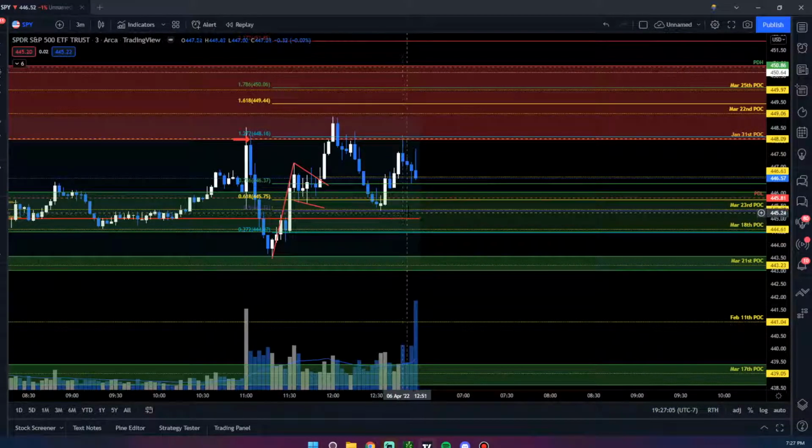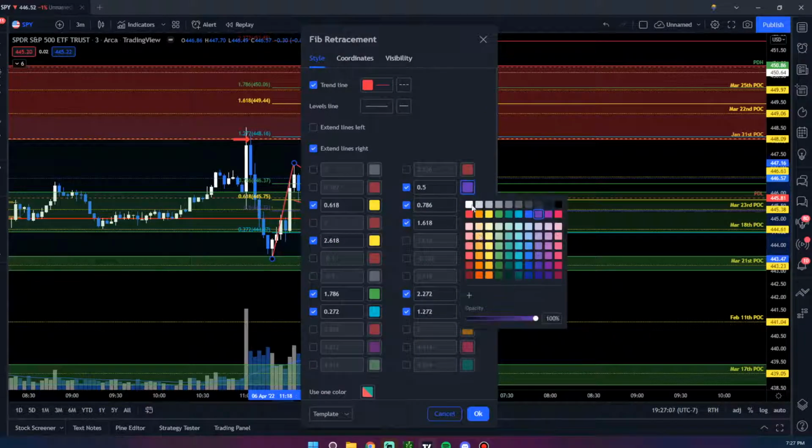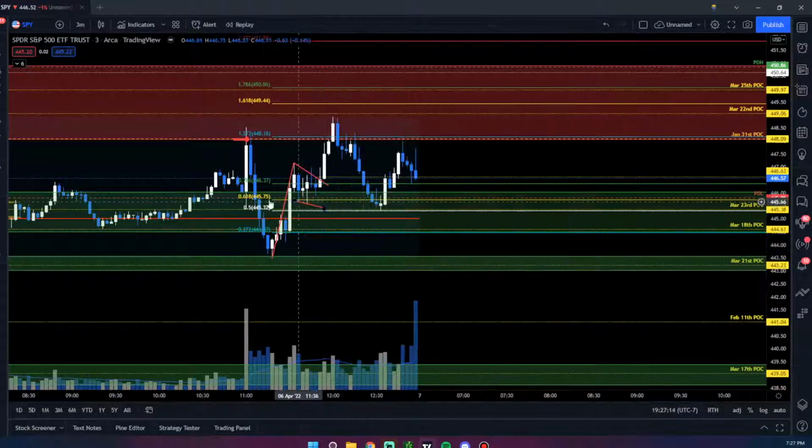That's hard to read inside of green as well. White. There we go. 0.5 fib. So if any of these candles came down and touched this, this is no longer a bull flag. Or if it was the inverse, it's no longer going to be a bear flag.